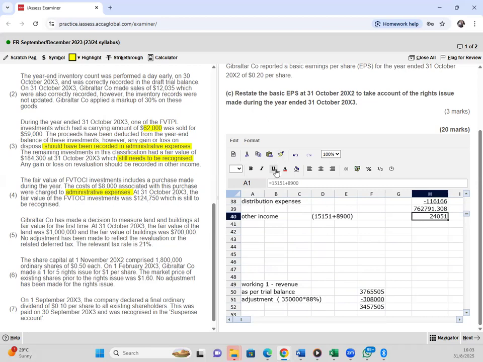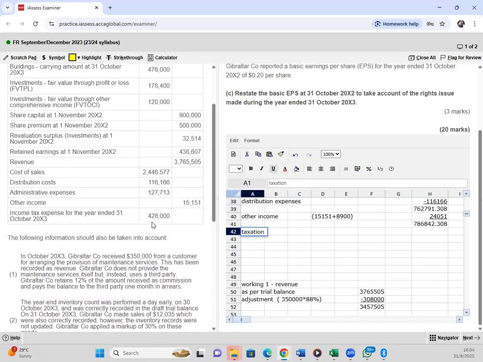So after that, then you subtract taxation. Remember that taxation that we left out was 428,000.